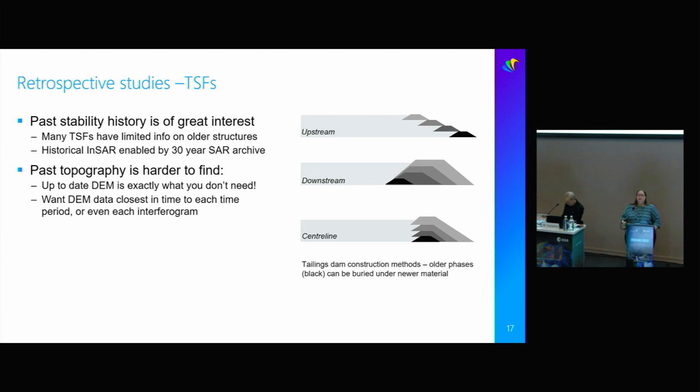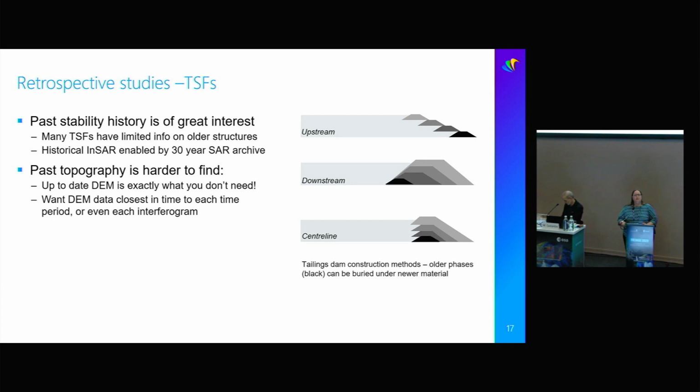The other thing we've looked at recently is retrospective studies of tailings storage facilities, for example. A lot of the operators in recent years have become really wide awake and clued up to what's happening with their tailings after some of the terrible dam failures that have occurred. But one of the problems with tailings dams is many of the construction methods mean the older phases are buried underneath the later phases, so they build up on top of existing structures.